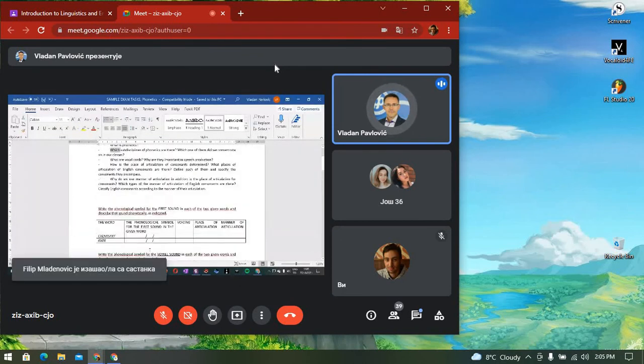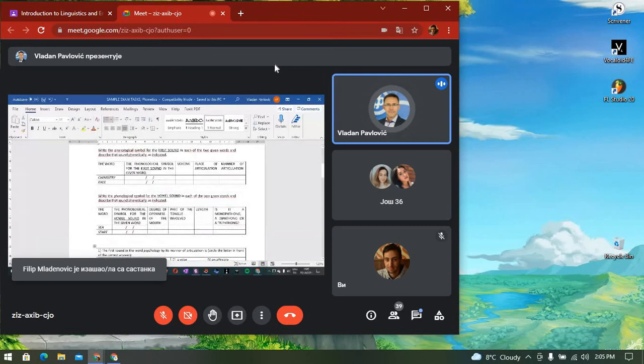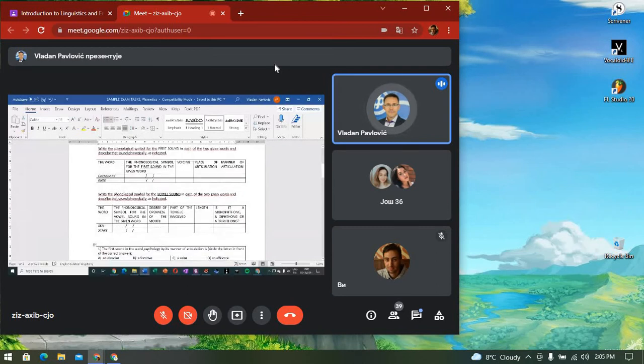U tom smislu je potrebno zaista zapamtiti neke termine, šta je to place of articulation, šta je manner of articulation, šta je voicing, na što se to uopšte odnosi, koji su primeri za to, kako uopšte određujemo place of articulation, šta je to uopšte phonetics, kako se phonetics razlikuje, odnosno fonetika od phonology, dakle od fonologije, ili što ćemo tek raditi, ili od morfologije, ili od sintakse, ili od semantike, ili od čega god drugog što ćemo raditi.